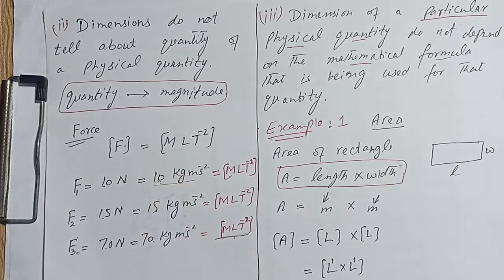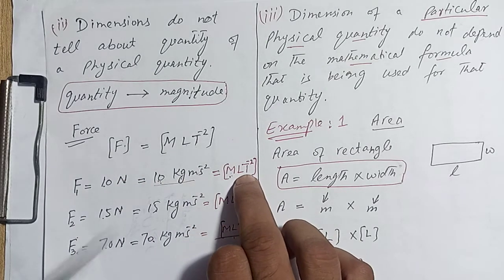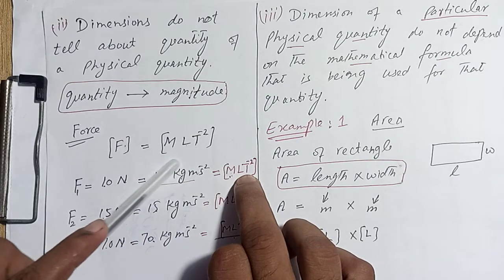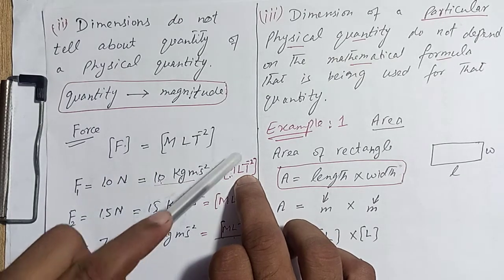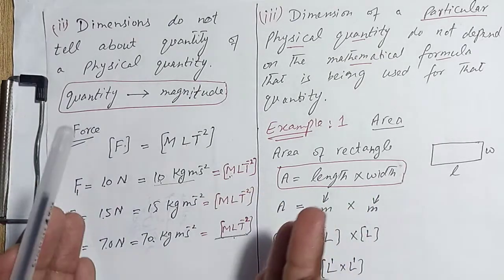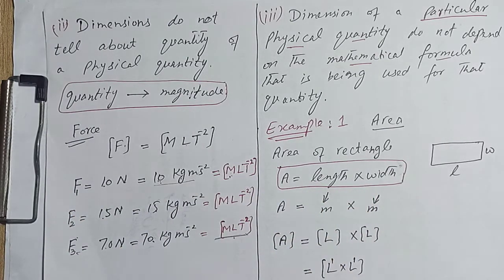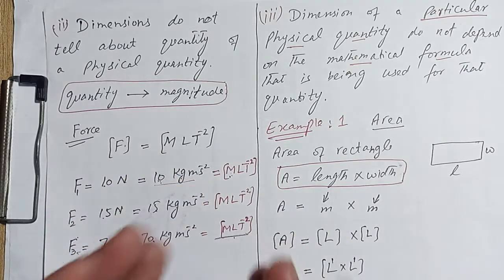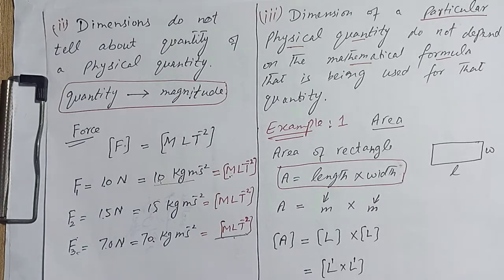So it means that the dimensional formula just tells us about the physical quantity, that we are talking about force. But how much force is being exerted, what is the magnitude of force, dimension is not necessary for guessing the magnitude of a physical quantity.